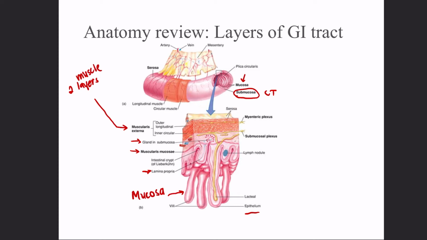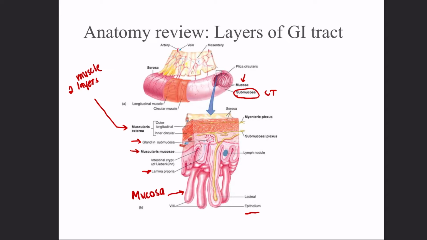One is longitudinal, and what that means is there's ones going all along the length of it, like all along parallel to it. And then there's one layer that is circular, and you can think of that as like having rubber bands around the length of your GI tract. And it's important to have these two different muscles to allow for that movement we were just talking about, that movement of the food through the GI tract.